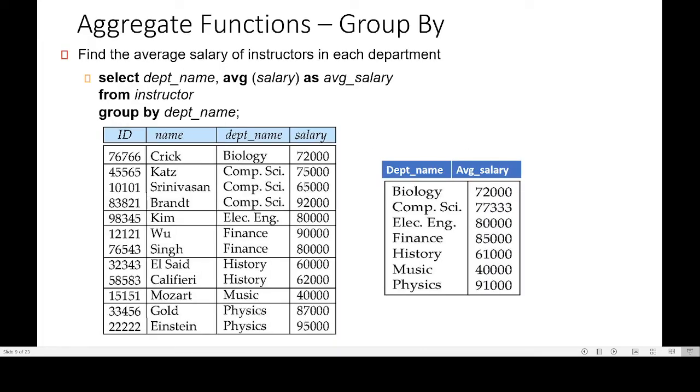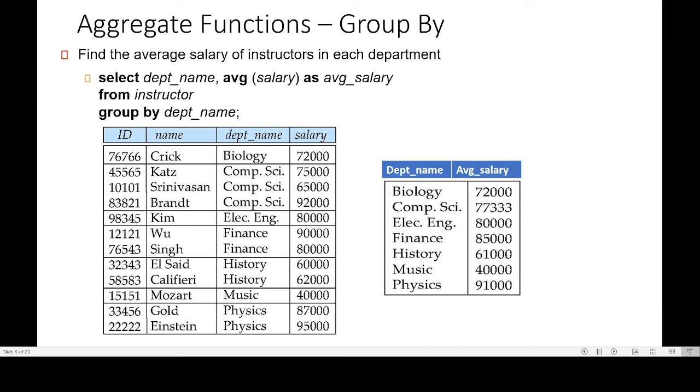Let us see, this example is to find the average salary of instructors in each department. We have a table, the instructor table, with columns ID, name, department name, and salary. We want to find the average salary of instructors in each department.